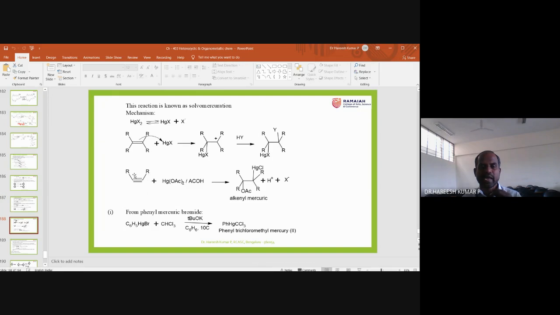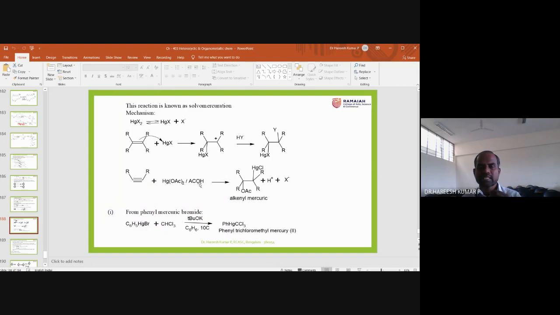So look here, I am taking an alkyne, a triple bond one. If we are adding mercuric acetate to this triple bond, what will happen? There will be a new bond formation between this carbon and HgOAc.